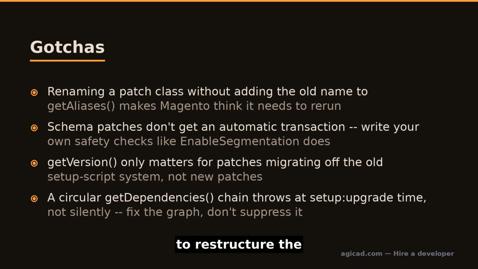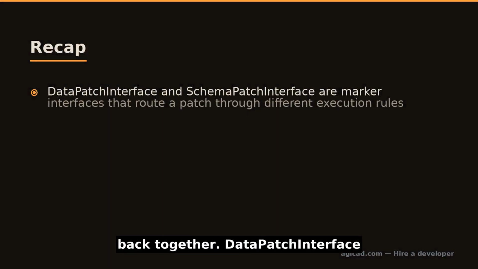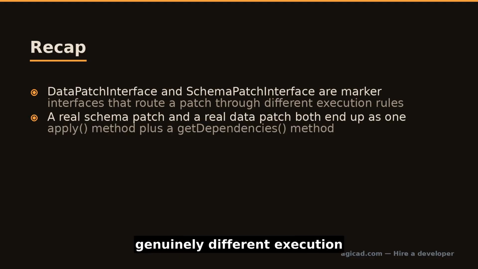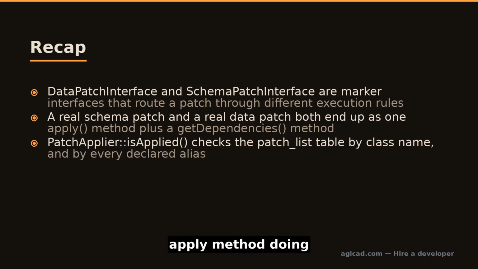Let's pull this back together. DataPatchInterface and SchemaPatchInterface are marker interfaces with no methods of their own, but they route a patch through genuinely different execution rules inside PatchApplier: transactional for data, not for schema. A real schema patch and a real data patch both boil down to the same shape, one apply method doing the actual work, one getDependencies method declaring what has to run first.